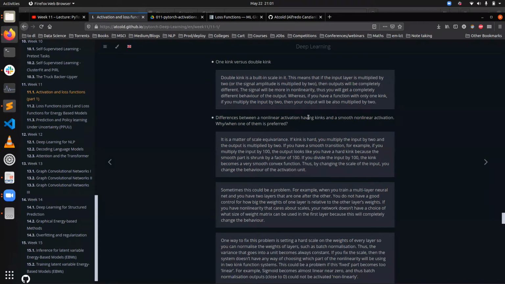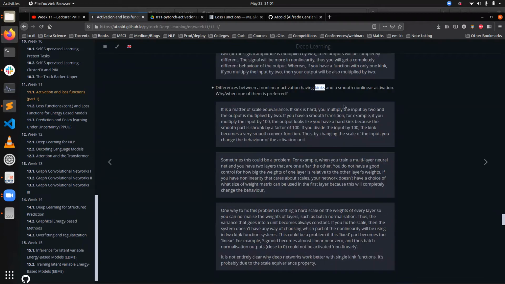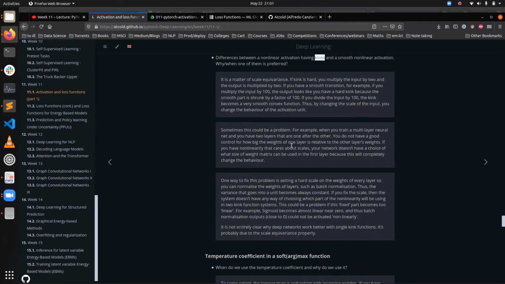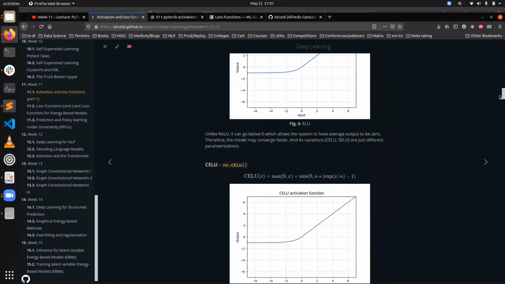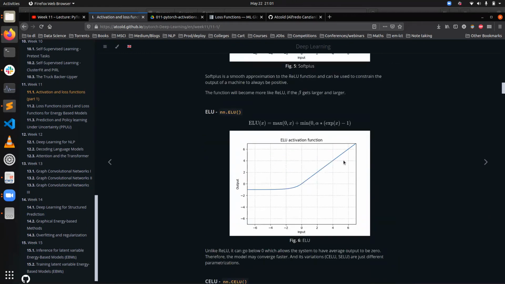The next question was, do we prefer having kinks or a smooth nonlinear activation? What he says in this section is, if you have something like this one, and your input signal is multiplied by 100, your activation function behaves like a hard kink.